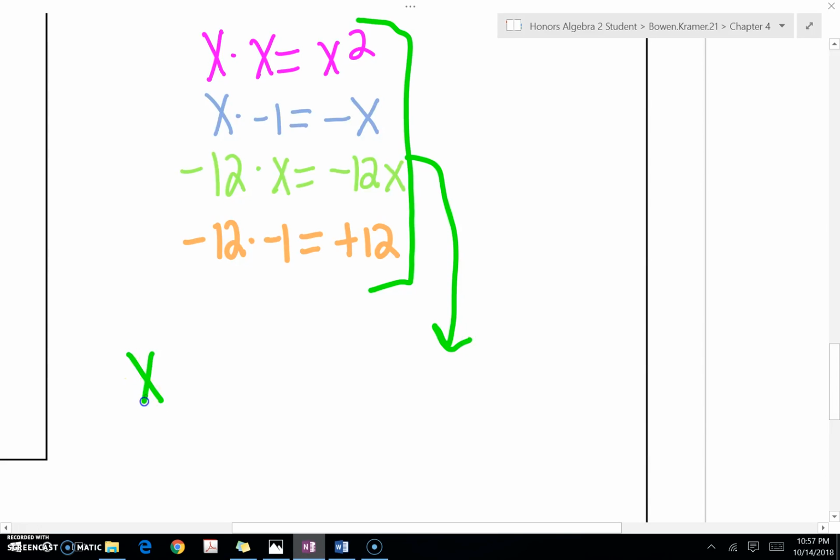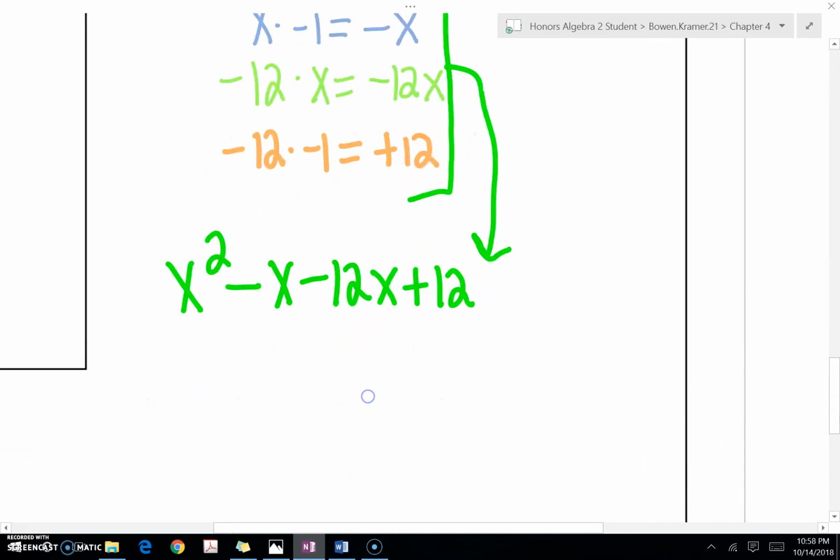We have x squared minus x, because it's negative, minus 12x, plus, since it's positive, 12. So we're getting somewhere. Our final step is just to combine like terms. We have an x right here and one right here, so we get x squared minus 13x, we combine them, plus 12.